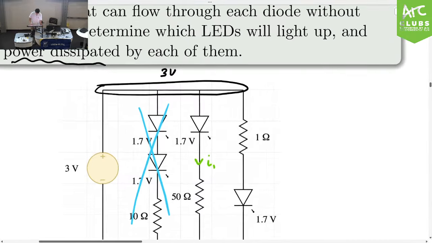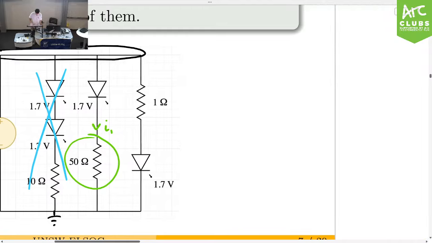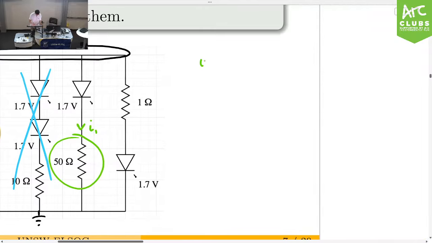To do that, we can use Ohm's law with this resistor here. So we can do I1 equals the voltage drop across this resistor. We have 3 across the whole branch, and there's a drop of 1.7 volts here.